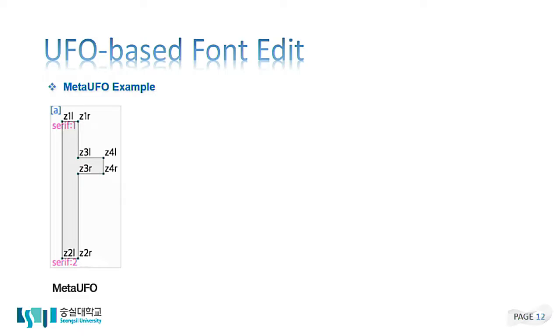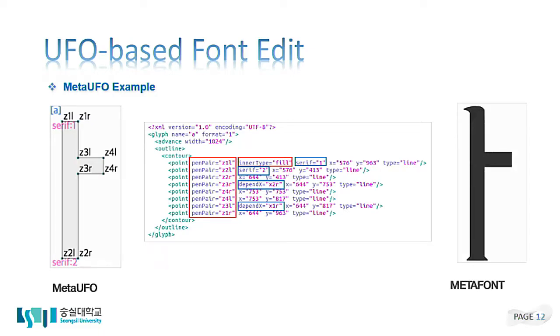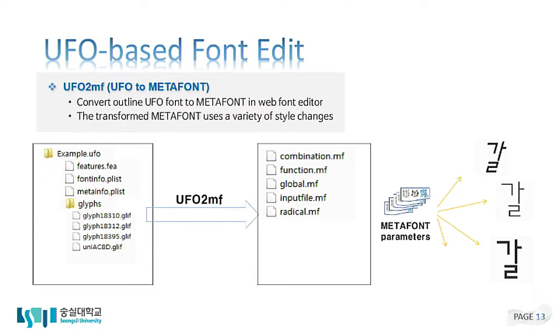This is a vowel of Korean font called R. This position defines something, but we added some attributes here. All of this is added attributes.